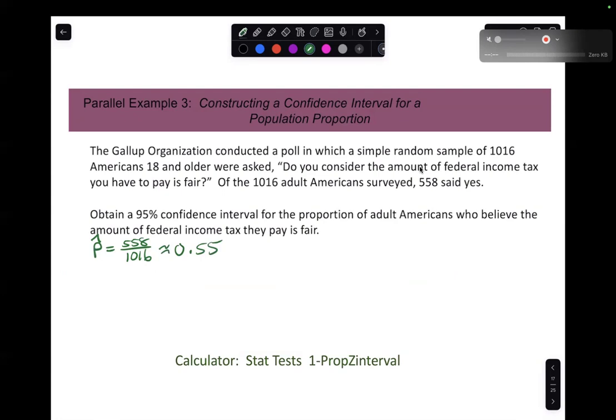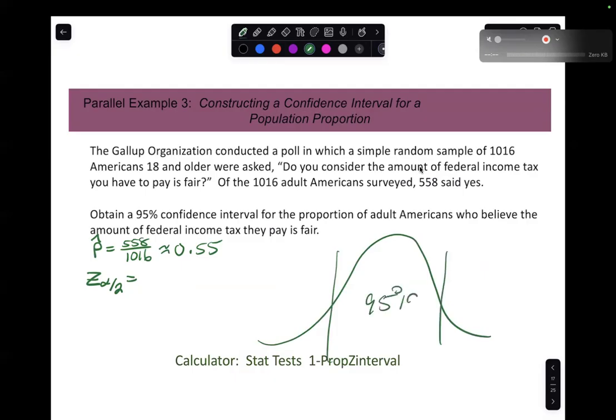Going to do our z sub alpha divided by 2. So once again, I'm going to draw the picture. If this is my center 95%, there's 2.5% here and 2.5% there. Therefore, this is 0.975.